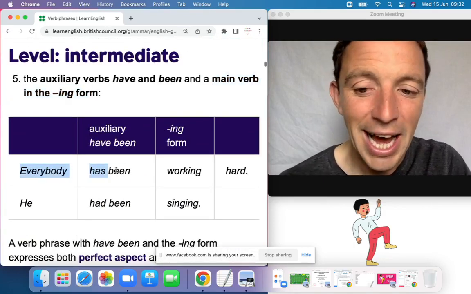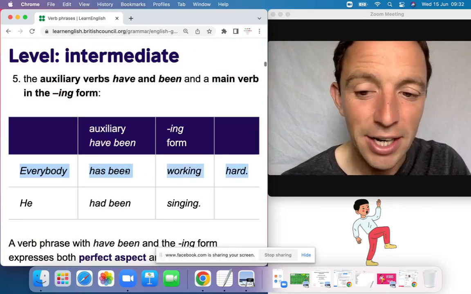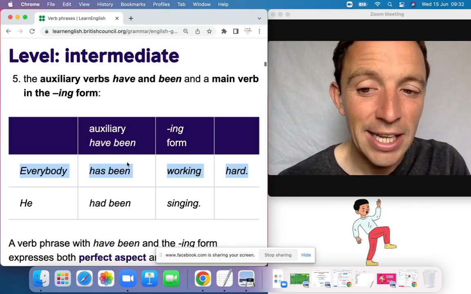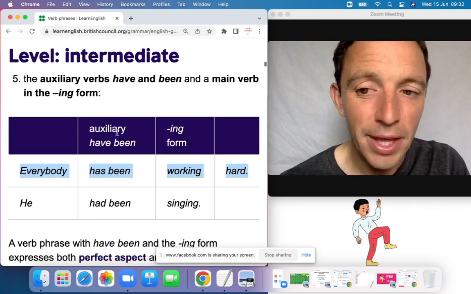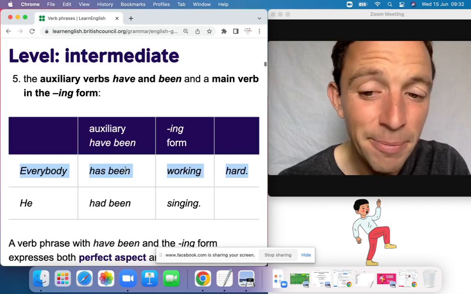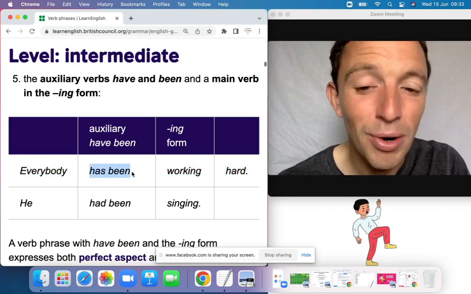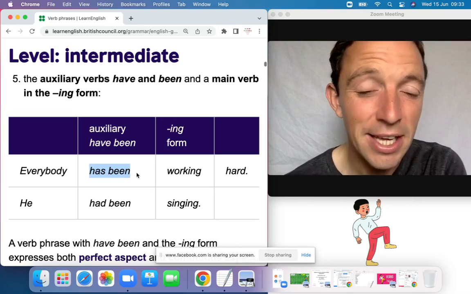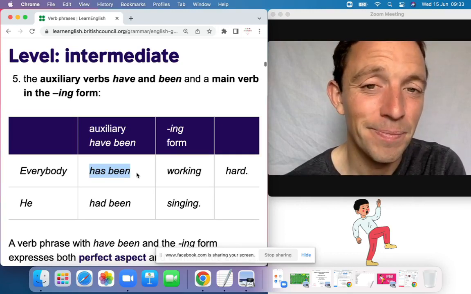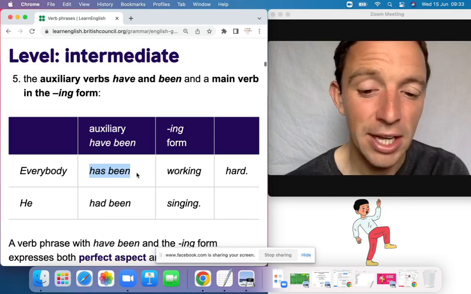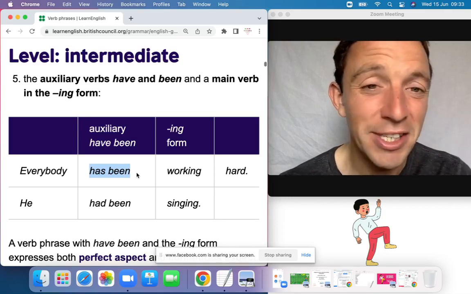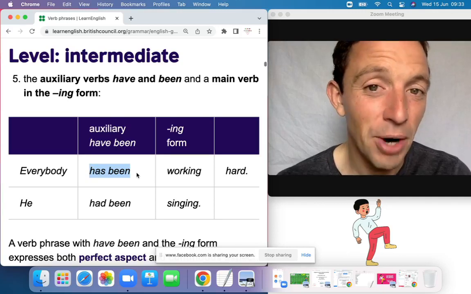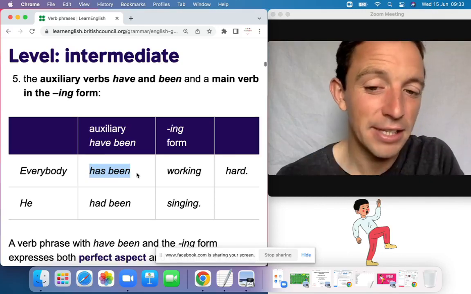Everybody has been working hard. Everybody is the subject pronoun. The auxiliary verb is the verb to be in the perfect, if you remember that explanation. In this case, it's the present perfect.